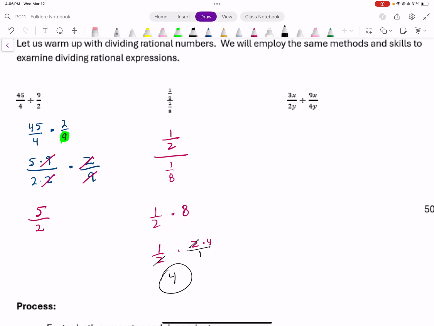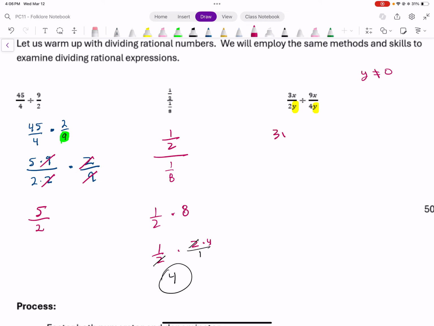This next example here, I'm just going to look at this. So I know, thinking right away, I have 2 denominators, and y cannot be equal to 0. Fair enough. So that is my restricted value, right? Because it's a rational expression.